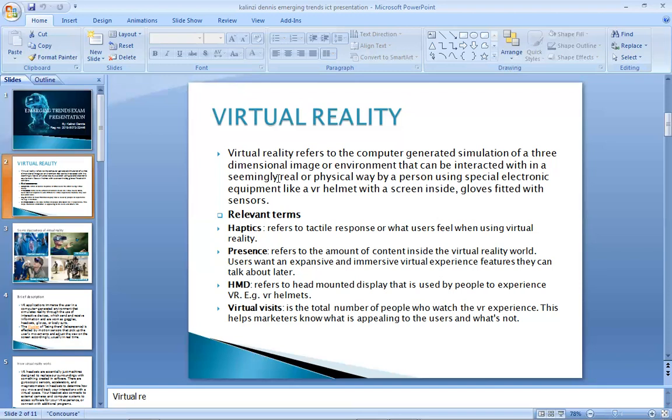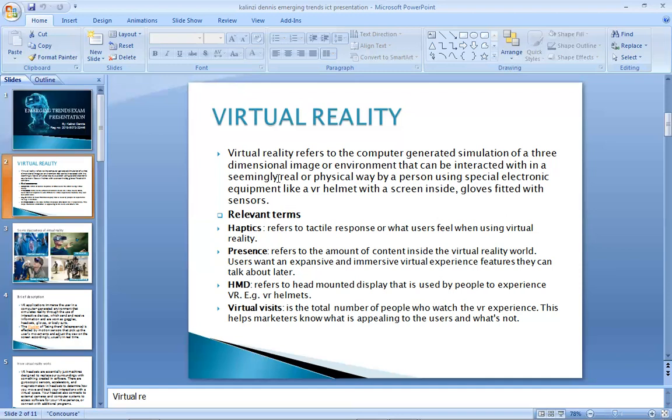As I've talked about the gloves that are fitted with the sensors, the haptics could include, let me say, if someone touches some electric shock in virtual reality, they get a sensation or a feeling of getting shocked, using these sensors that are fitted in the gloves. So those are the haptics.